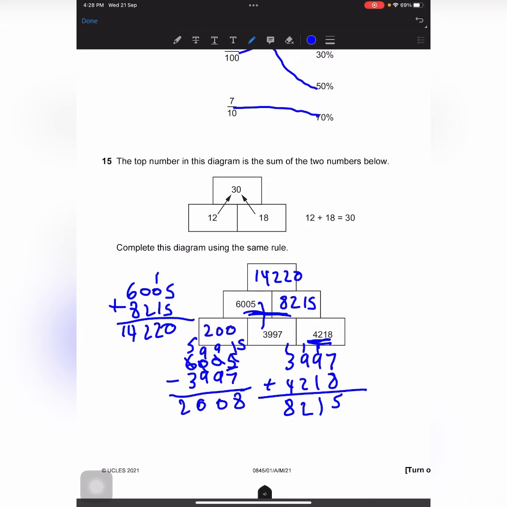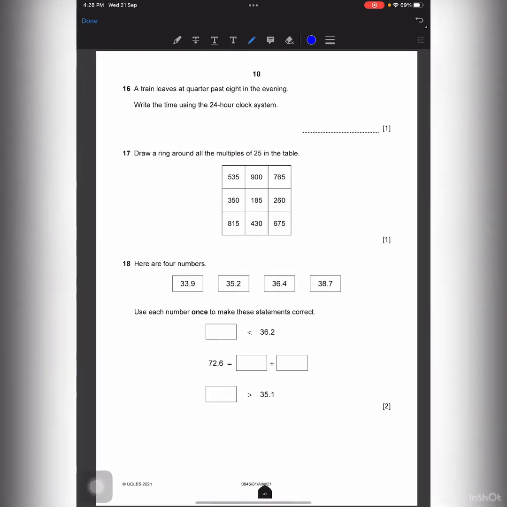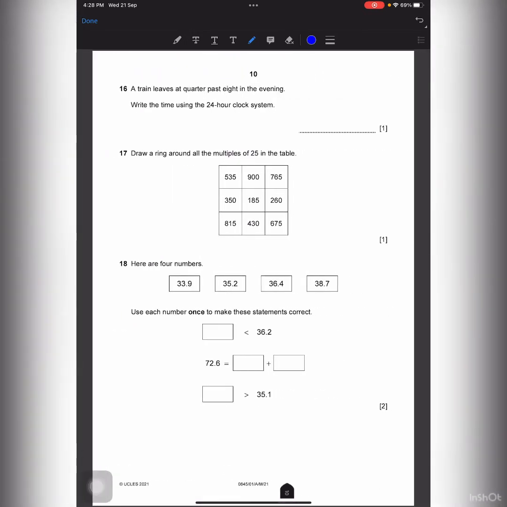0, 0, 8. Next. A train leaves at 8:15 in the evening. Write the time using the 24-hour clock system.